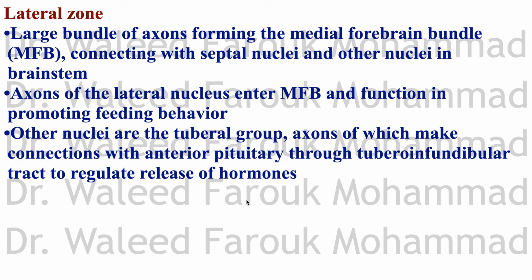The axons of the lateral nucleus enter the medial forebrain bundle and function in promoting feeding behavior. Other nuclei are the tuberal group, axons of which make connections with the anterior pituitary through the tuberoinfundibular tract we saw in the previous plate to regulate the release of the pituitary hormones.